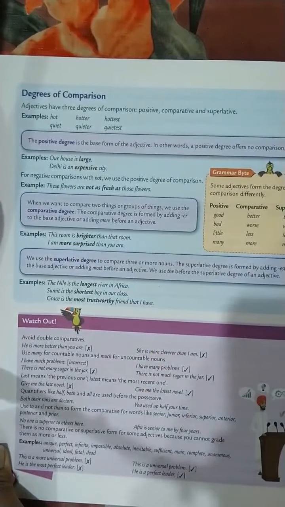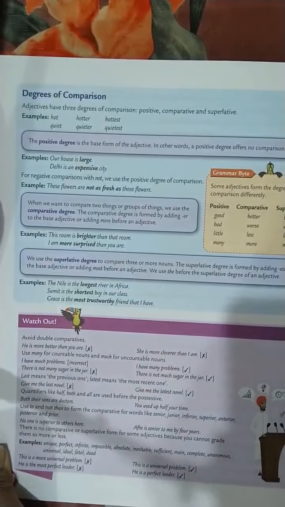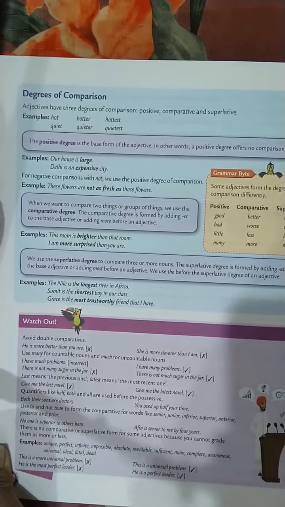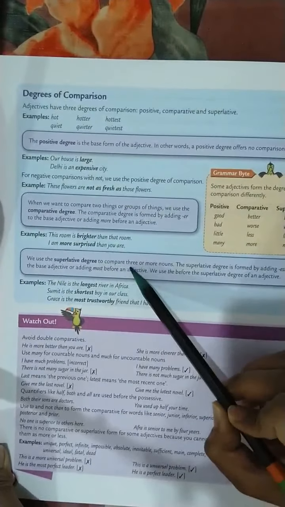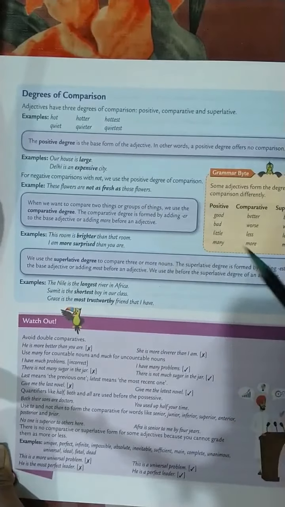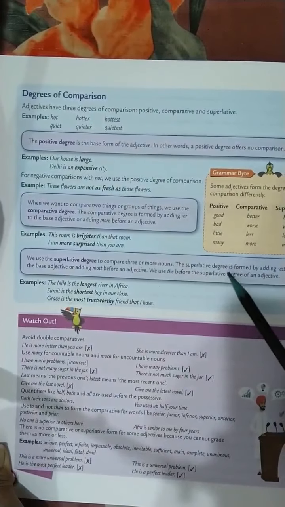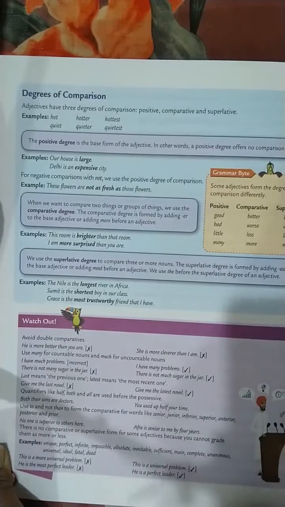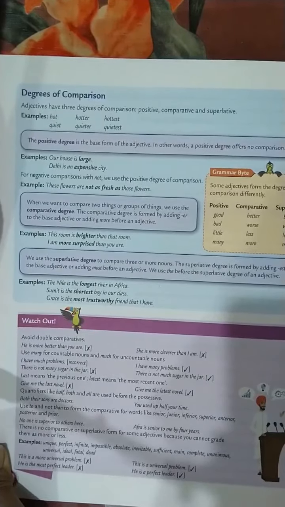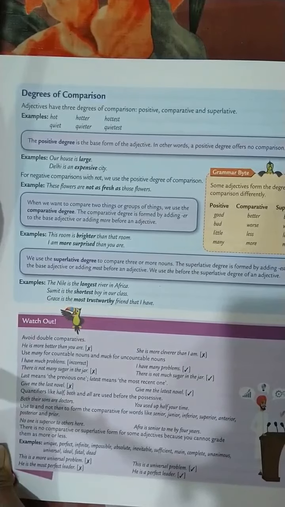Now third is the superlative degree. The superlative degree is used to compare three or more than three nouns. It is formed by adding est. Students, in the comparative degree we were comparing two things or two groups, forming it by adding er to the base adjective or by adding more before an adjective.